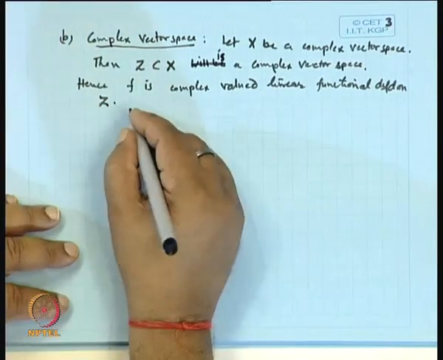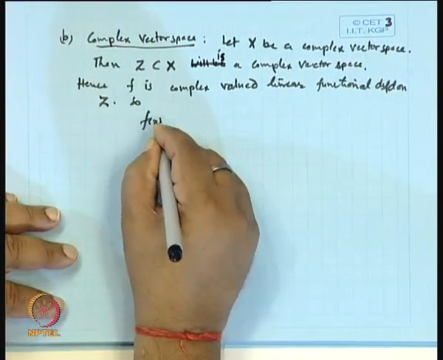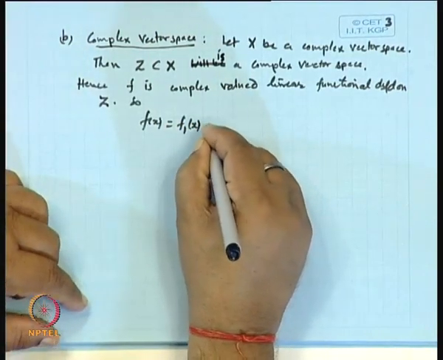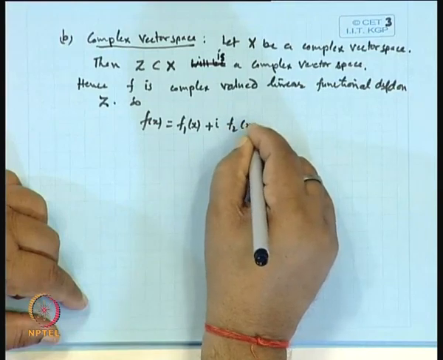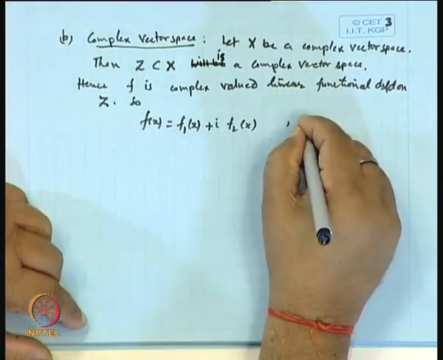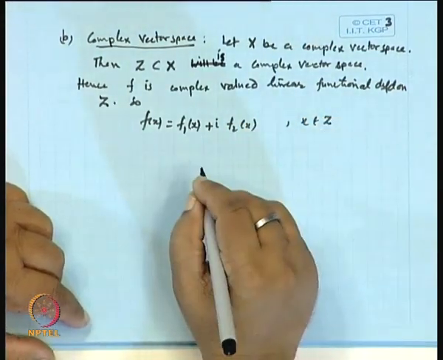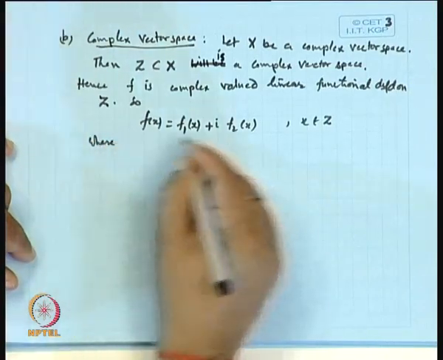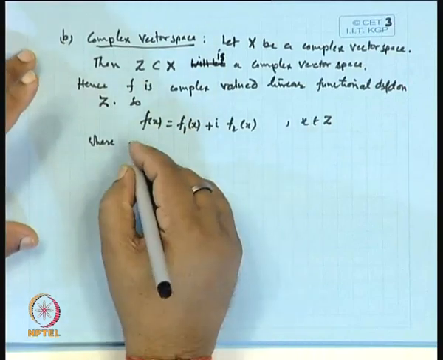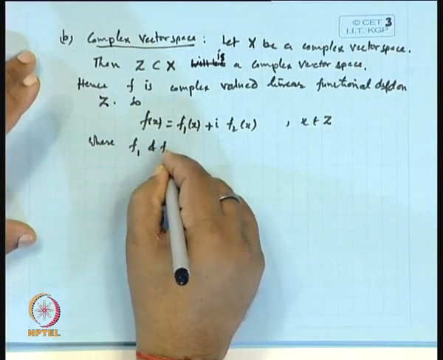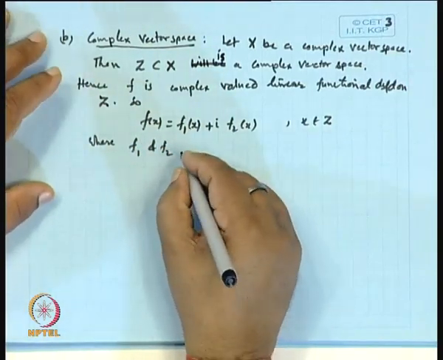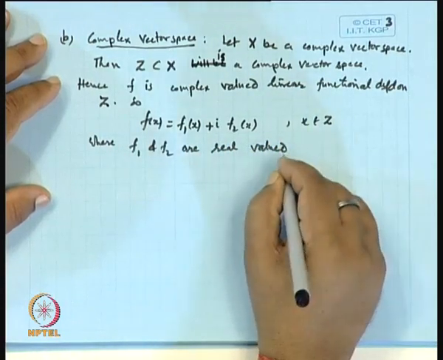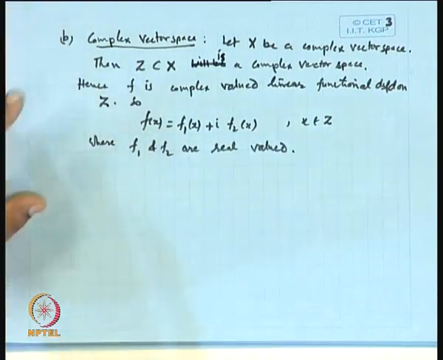Okay. So, we can write f x as f 1 x plus i times f 2 x, where f 1 and f 2 are the real and imaginary parts of f, both real valued functions.